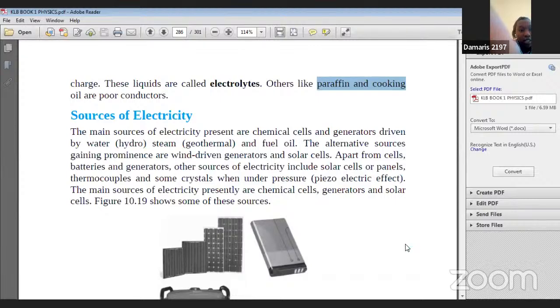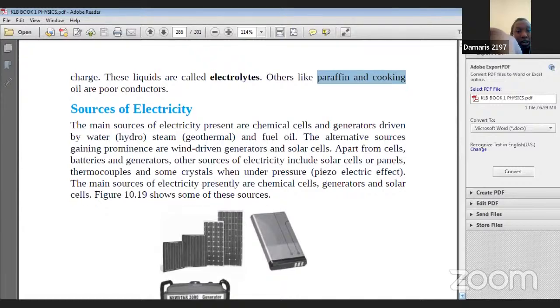The alternative sources gaining prominence are wind-driven generators and solar cells. Apart from cells, batteries, and generators, other sources include solar cells or panels, thermocouples, and some crystals when under pressure, the piezoelectric effect.